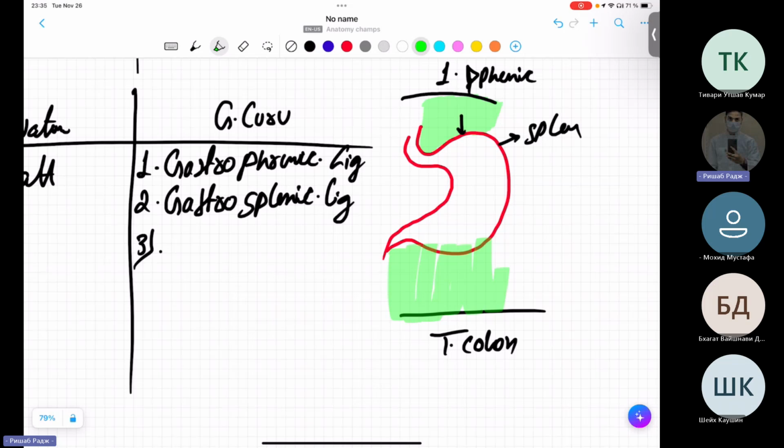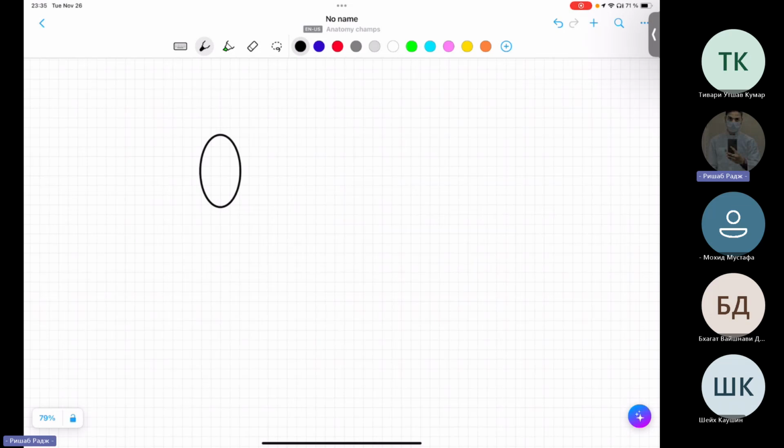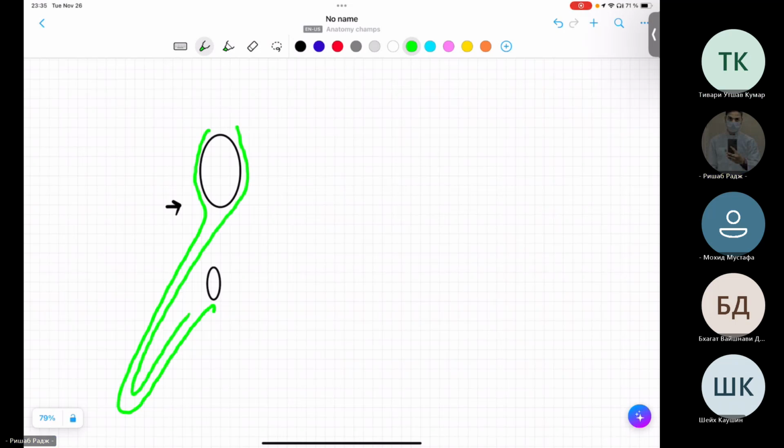So how is your transverse colon attached here? Let's see. Suppose this is your stomach. This is your greater curvature and this is your colon. What happens is your peritoneum will come, it will go down, right? Then there will be another peritoneum lining.